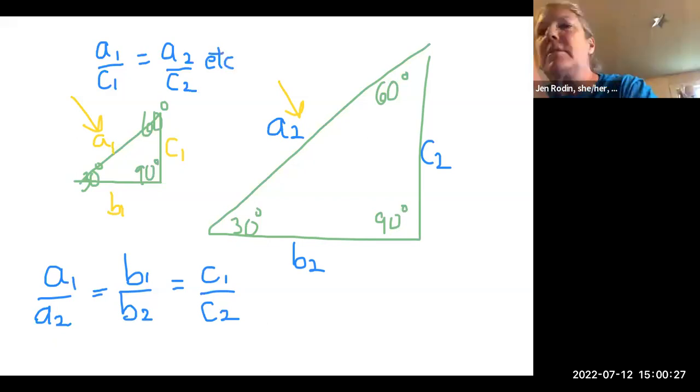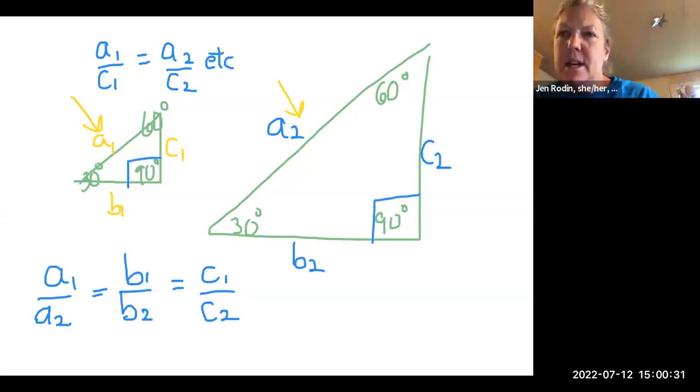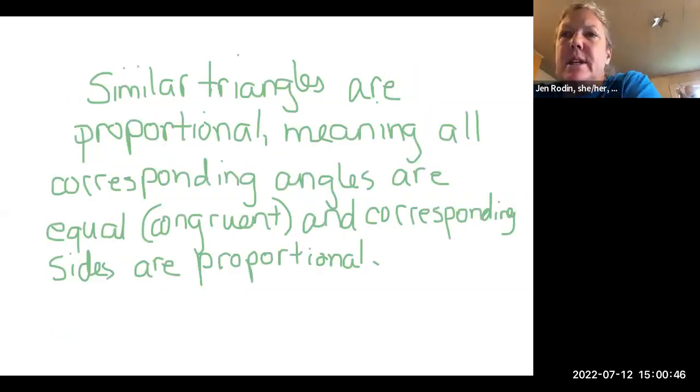And similar triangles don't have to have a 90, but in trigonometry, it starts that way. And in our book, there are a few that don't have 90 degrees. So it's not required that they have a 90-degree angle, but those are like the sun shadow kind of problems and things like that. So here's that too, in case anyone wanted to see that.